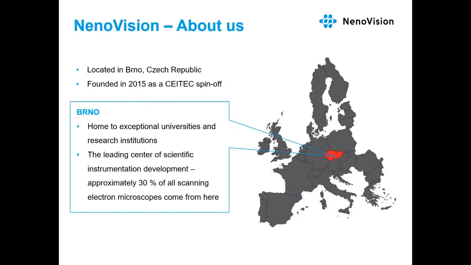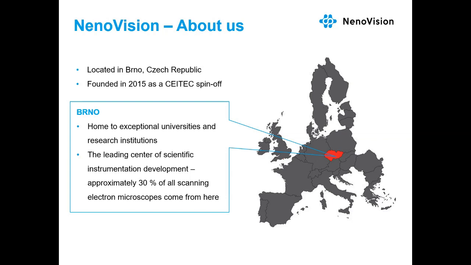So, on behalf of NenoVision, I would like to say something about us. We are located in the Czech Republic, in Brno. We say it's the heart of Europe, and Brno is a university city with plenty of exceptional universities and research institutes, and we are a spin-off of one of them, CEITEC, Central European Institute of Technology.